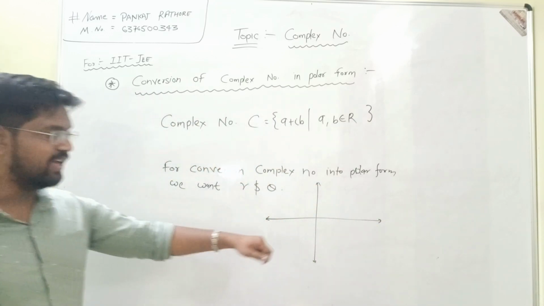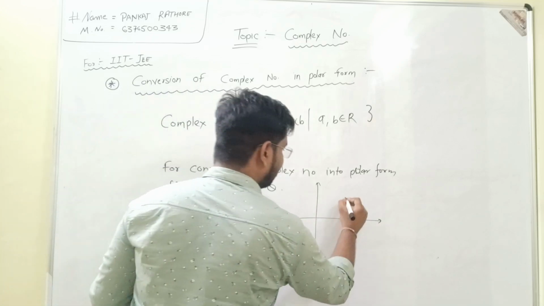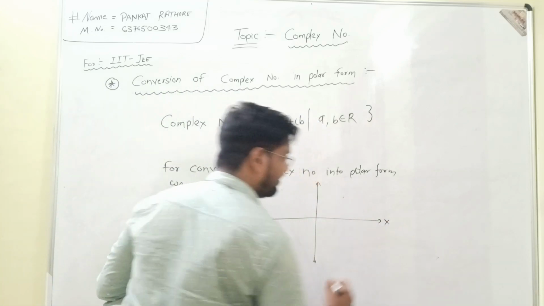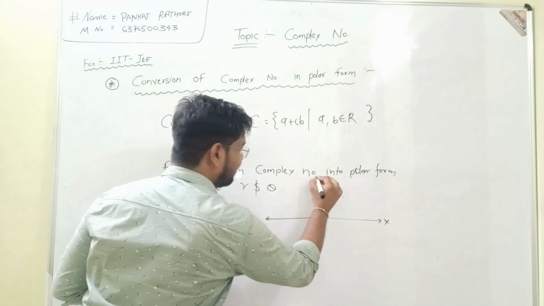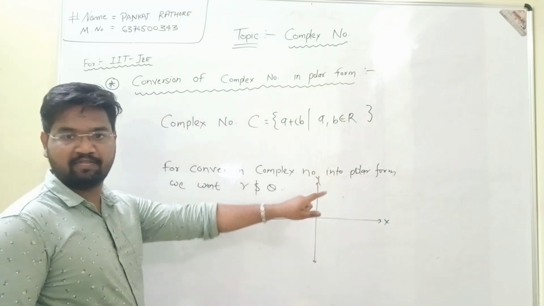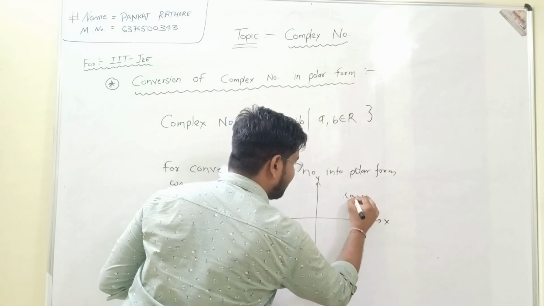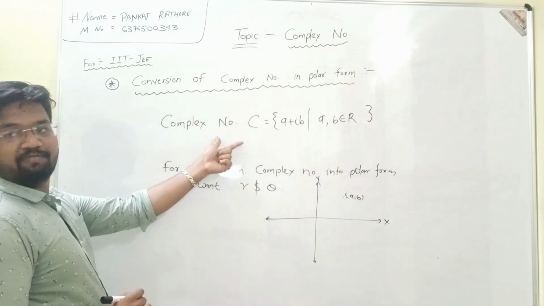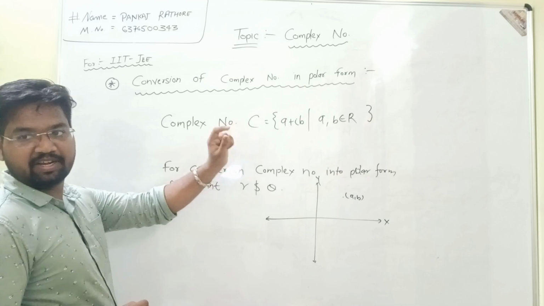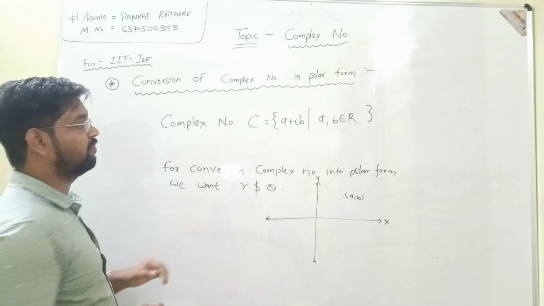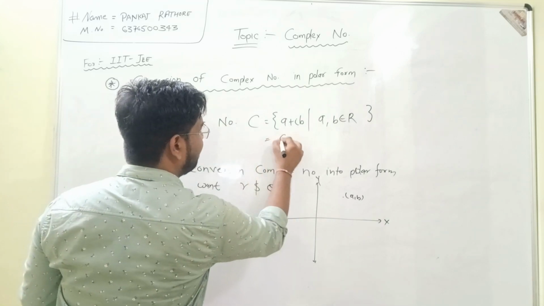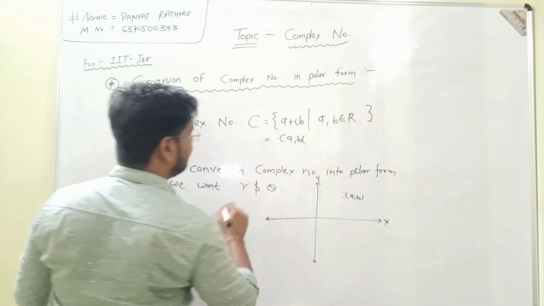If there is a real axis x and an imaginary axis y, and a number like (a, b), because we know that every complex number can be written in the ordered pair form. What is the ordered pair form? That's (a, b).